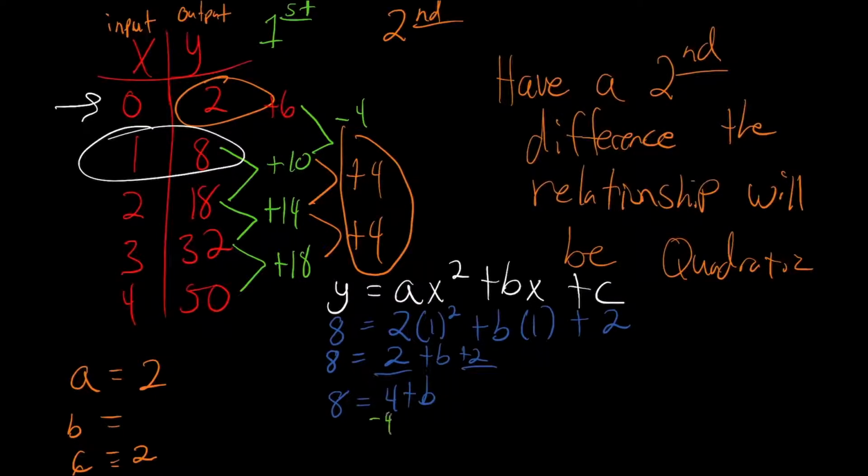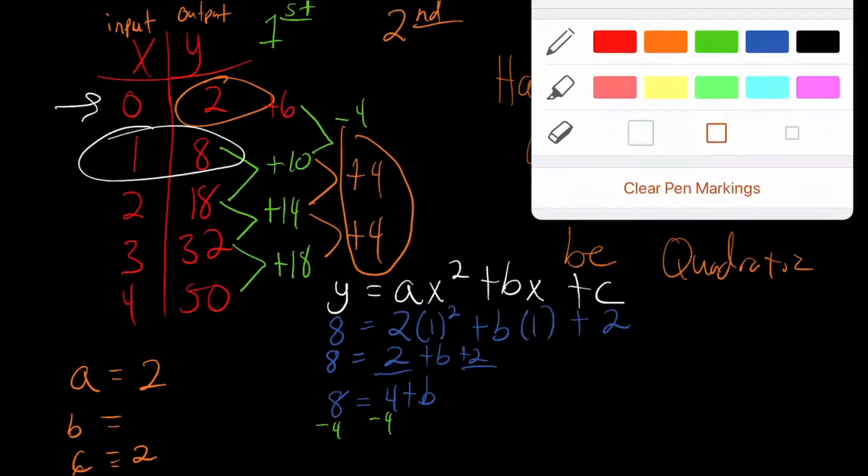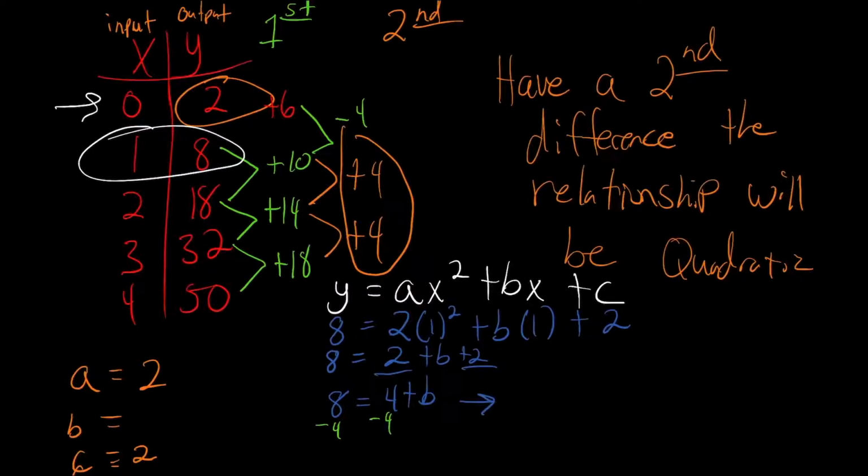We can subtract 4 from both sides. I'm going to get 8 minus 4 is 4 equals b. So now I know my a is 2, my b is 4, and my c is 2.